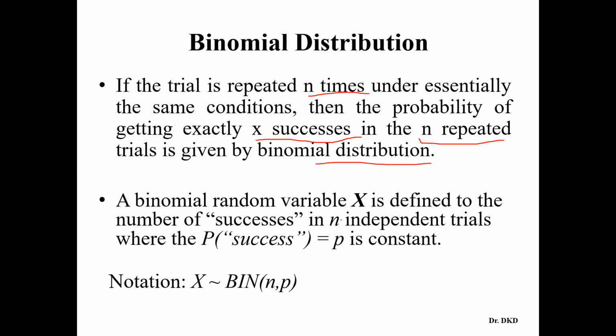A binomial random variable x is defined as the number of successes in n independent trials where the probability of success, denoted by p, is a constant, and the probability of failure is denoted by q. In notational form, in books it is written as x follows binomial with parameters n, the number of trials, and p, the probability of success.